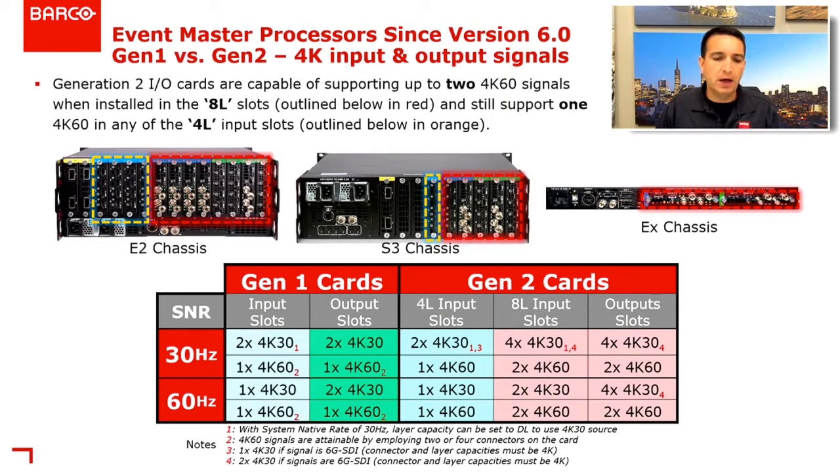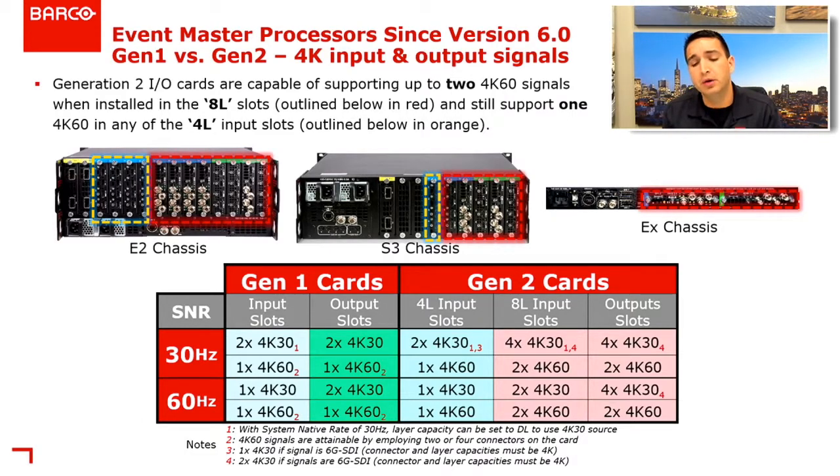So when people talk about EventMaster or E2, they talk about Gen 1 versus Gen 2, and everybody says, I really need the latest and greatest, which we're very happy to hear. But the reality is that there's not much difference between the Gen 1 and Gen 2 chassis, per se. The Gen 2 does have an upgraded power supply, so if it's fully loaded with E2 Gen 2 cards, there's no power issues or anything like that.